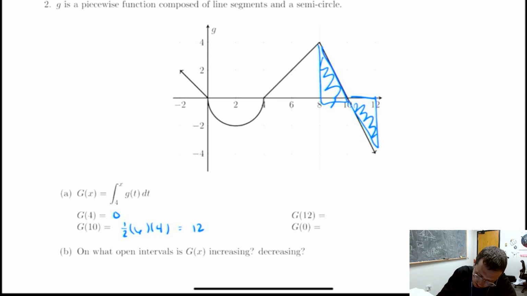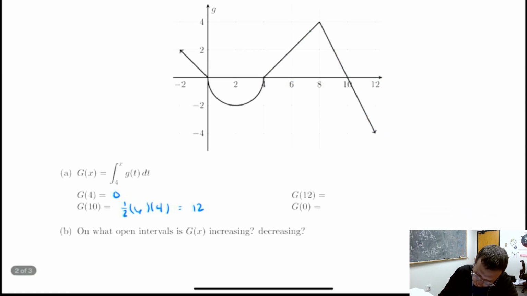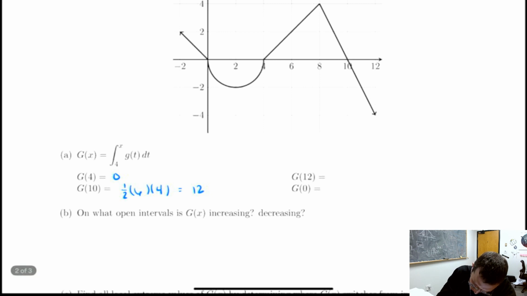So the result is just the area of this triangle. But we already know that this triangle has an area of 12. So if we subtract off that area, which is 1/2 times 2 times 4, we get 12 minus 4, which is 8.